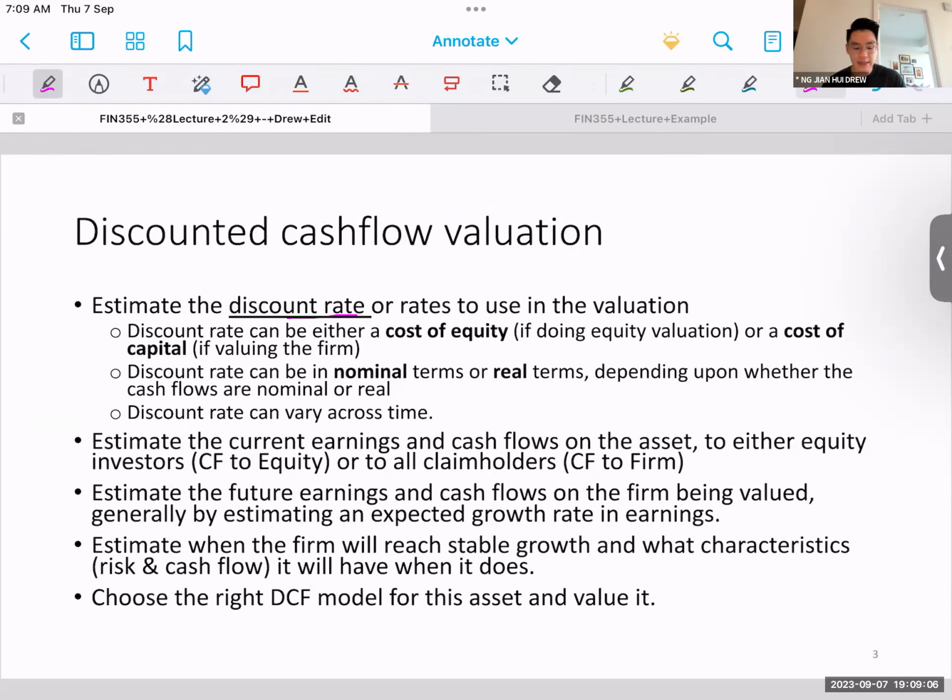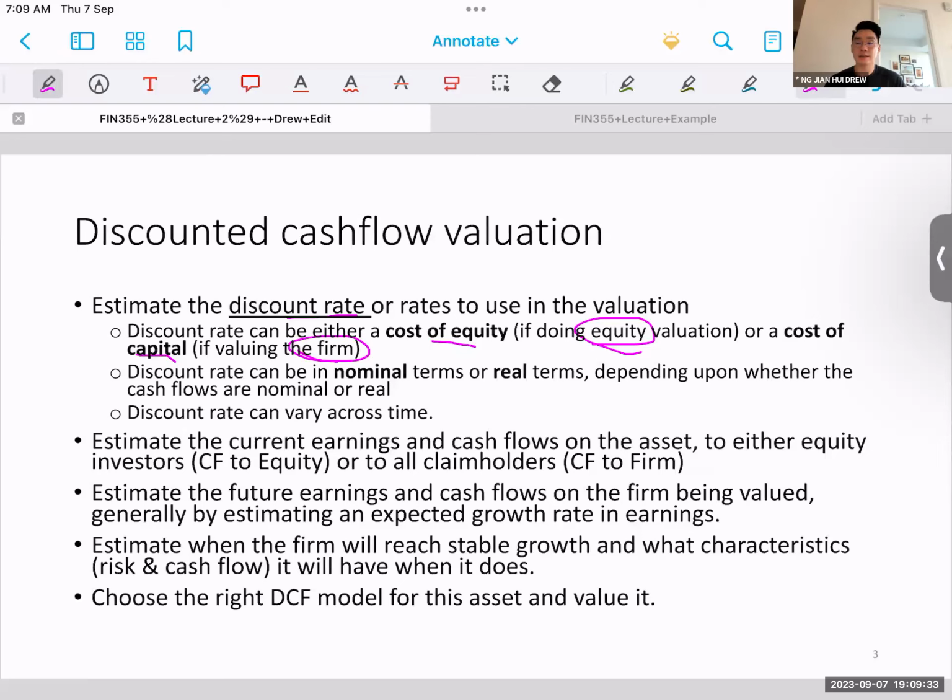In the discount rate, there are two key rates that we need to consider: cost of equity and cost of capital. So there are two different types of rate. Cost of equity is used when we do equity valuation. Now, this is very important. And cost of capital is used when we want to value a firm. So do not confuse the two rates, because you need to be very clear.